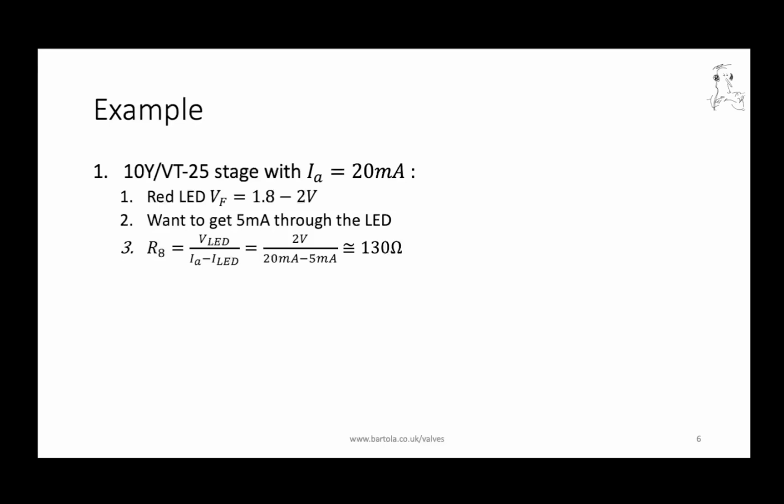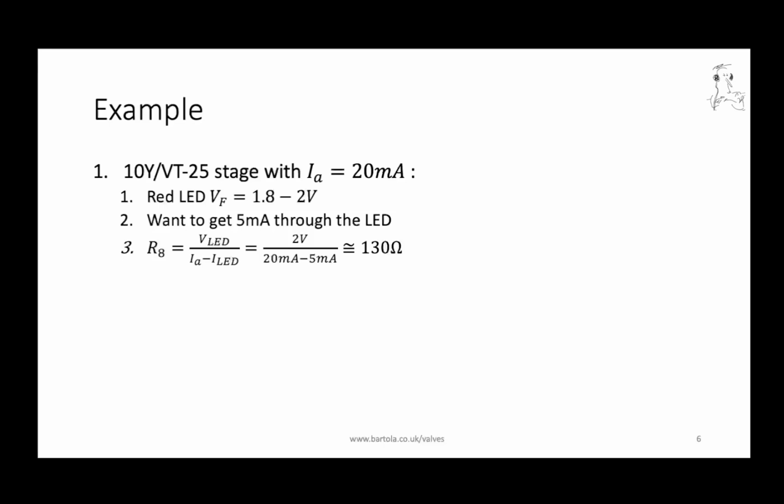LEDs can withstand 20 or 40, some obviously more, but normally having 5 milliamps, or even 10 at the most, should be sufficient for the LED to be bright enough. So you put all the data into the equation I showed previously, and you can clearly see you need a resistor of 130 ohms.